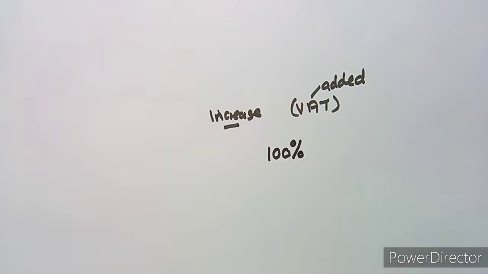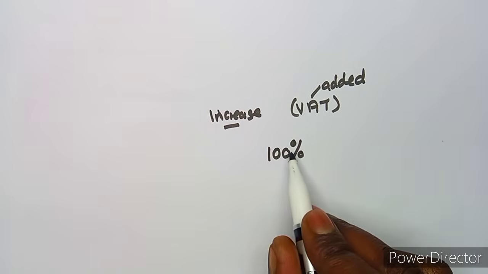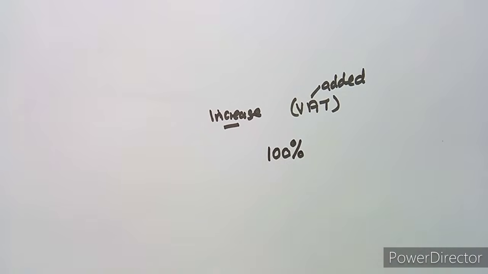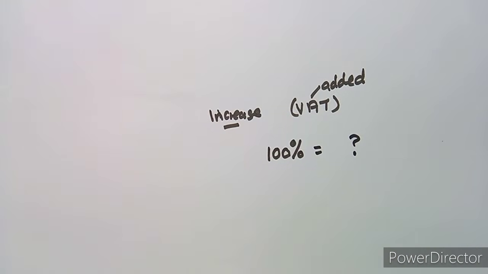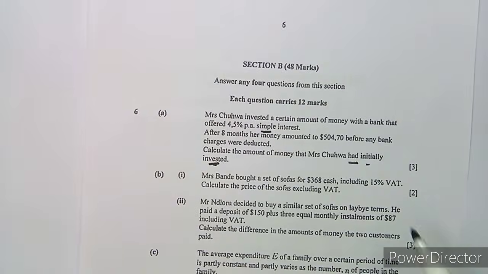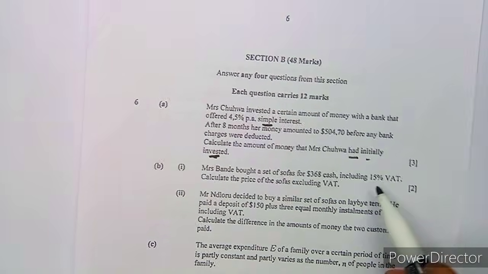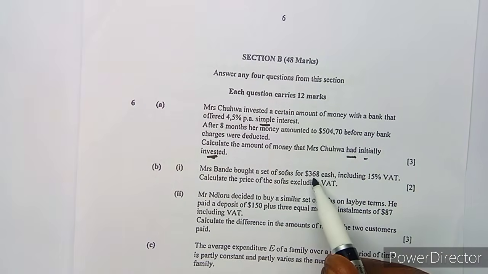It means that price was at 100%. You are the one selling a certain product. You think of a certain price and say, I'm going to sell my items for this amount. Then there is a tax which is added. So your price is the 100% price because you are the one who initiated that price. This is the price that we want to know, which is at 100%. But after we have added 15%, we now have a certain price.